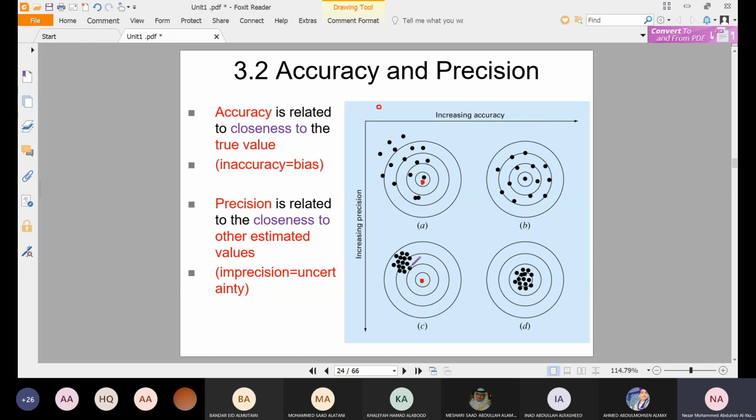But the true result, for example, is 12. So in this case, that means you do the experiment correctly, but the problem now is that maybe you have an error in the device, or you do the experiment incorrectly, but you do it in the same way in all your trials or steps.